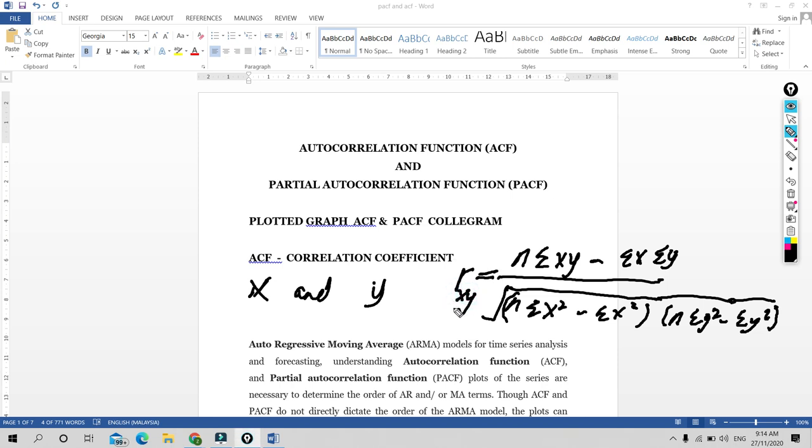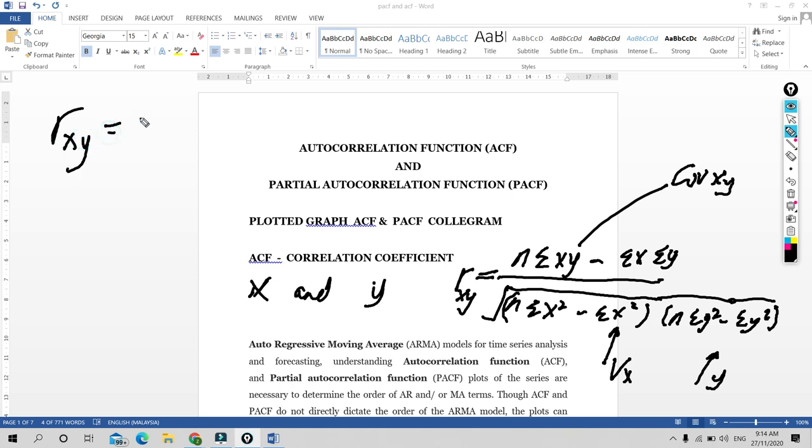So in other words, the top here is the covariance of x and y, and this is the variance of x, and this is the variance of y. In other words, the correlation between x and y is just the covariance of x and y divided by the square root of the variance of x and variance of y.